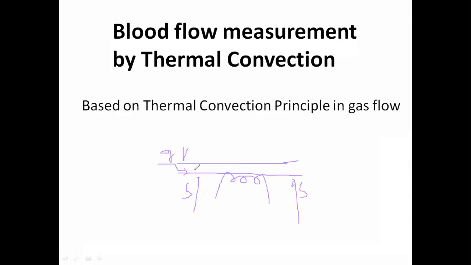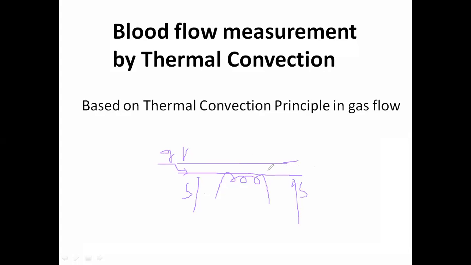If the gas is flowing through this pipeline at a certain velocity, that gas will absorb the heat produced by this heater. This sensor senses before the gas enters the heating region, and this sensor senses after the gas goes outside of this region.